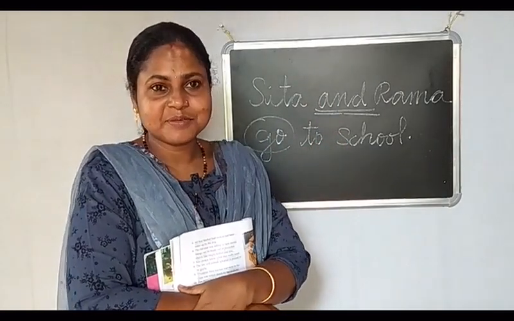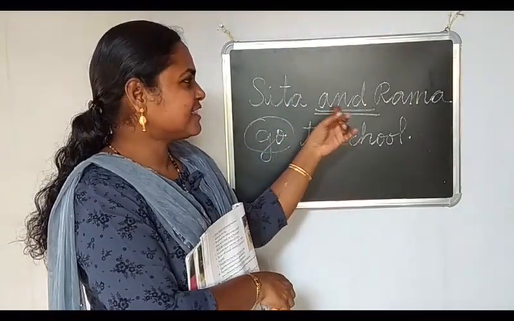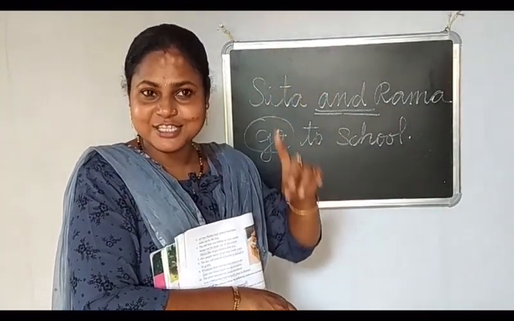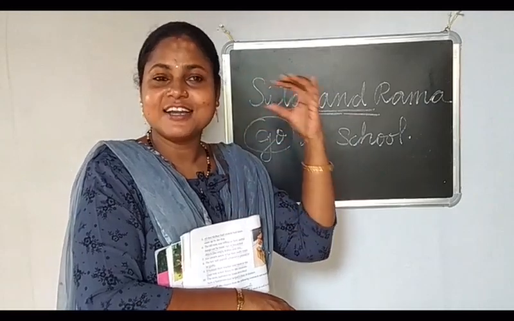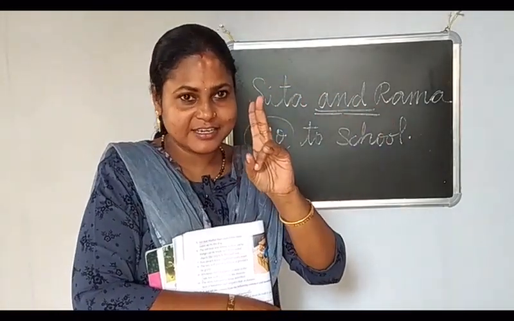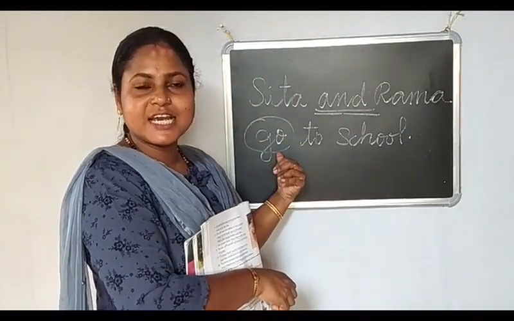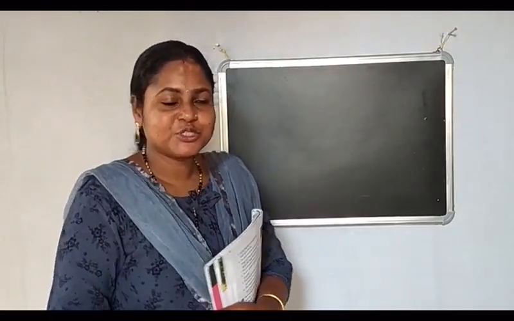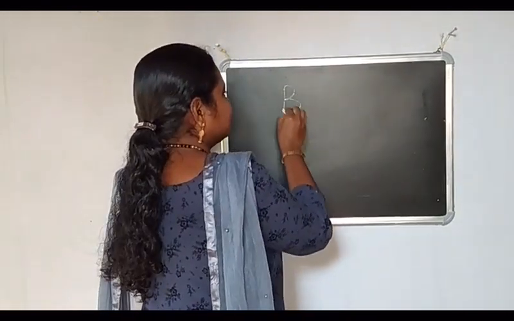Why? Because the subject is plural now. Before, the subject was singular. Sita singular, Rama singular. But here Sita and Rama, two persons are here. So the verb is changed into go. Okay, don't forget this. Okay, next conjunction that we are going to study is but.